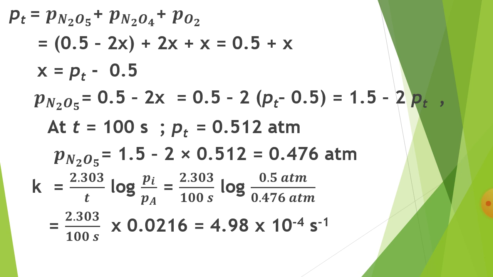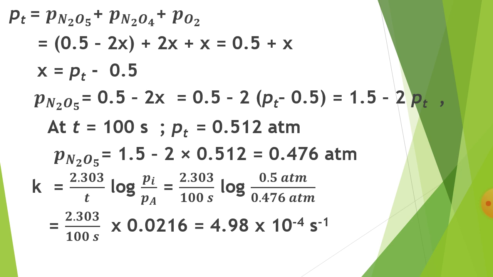Now putting these values in the formula of rate constant, K equals 2.303 by T log Pi by Pa, equals 2.303 by 100 seconds log of 0.5 atm divided by 0.476 atm.